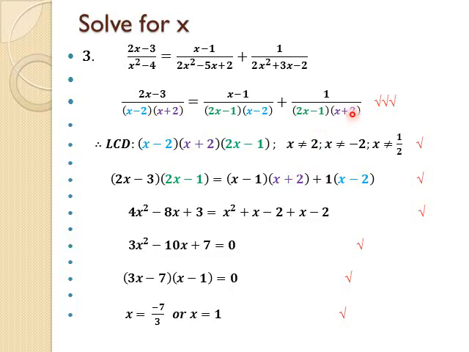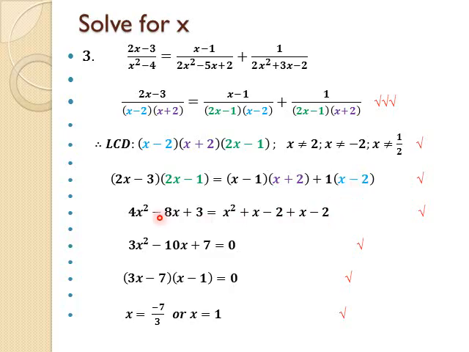They have 2x minus 1, x plus 2, so I'm short x minus 2, so that becomes 1 times x minus 2, so I got rid of the denominators. 2 times 2 gives me 4, x times x, x squared, minus 6x, minus 2x gives me minus 8x, negative 3 times negative 1 would give me positive 3. x times x, x squared, minus 1x plus 2x would give me 2 minus 1, which is 1x, negative 1 times 2, negative 2, and there I simply have x minus 2.